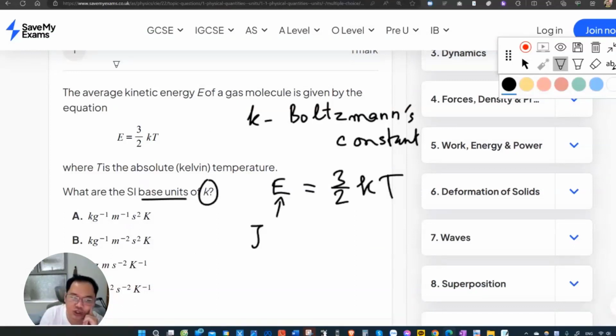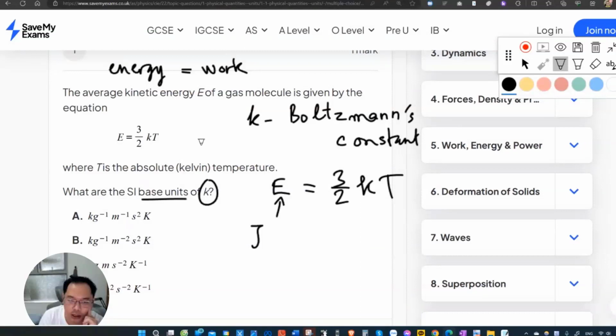The definition of energy is equivalent to work, and work is determined by F times d, force times distance. And force is mass times acceleration, and then times the distance. So energy is actually kilogram for the mass.